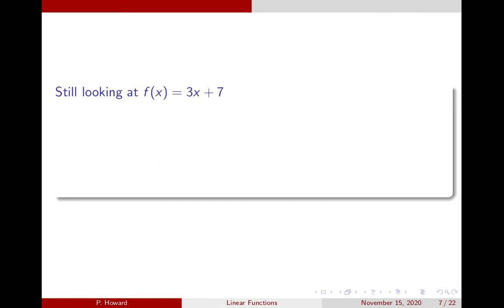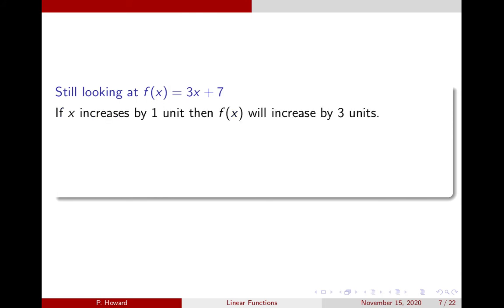Okay, still looking at the function f of x equals 3x plus 7. I want to look at what happens if you increase x by 1 unit. So what I'm saying here is that if you increase x by 1 unit, then f of x, that's the 3x plus 7 here, will increase by 3 units.